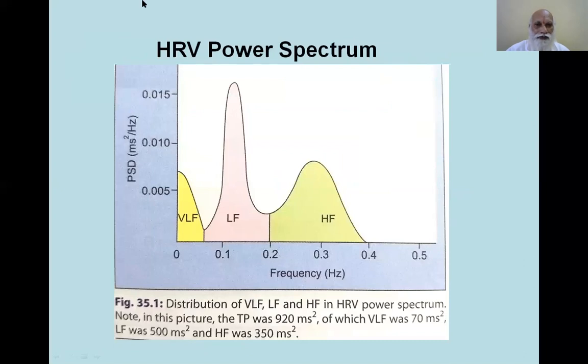Now, this is the most simplified diagram of the power spectrum. If you calculate the area of the whole thing here, that gives the total power spectrum, in which we have very low frequency, low frequency and high frequency.